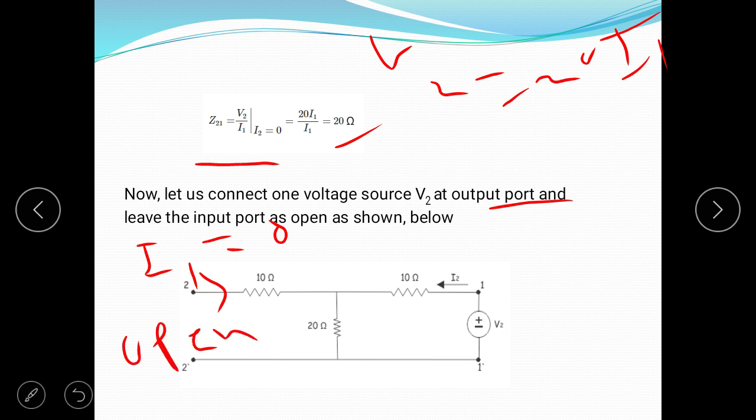And V1 is the voltage across 20 ohm, and V2 is another voltage source.